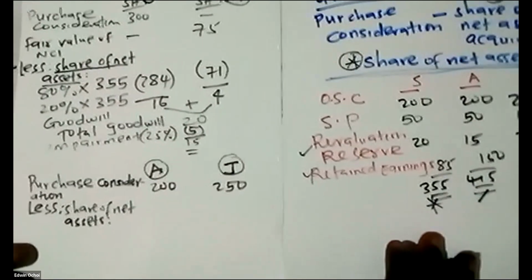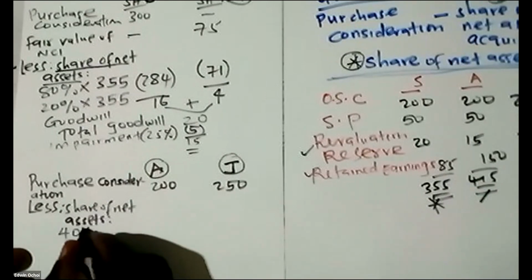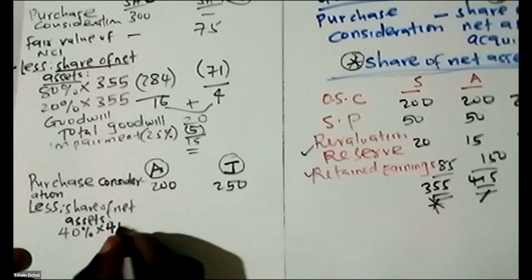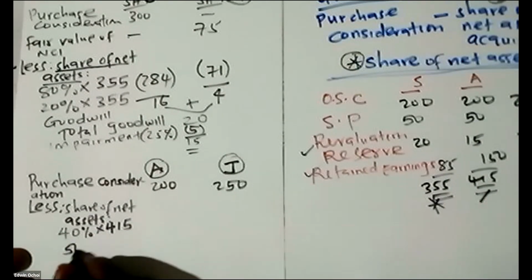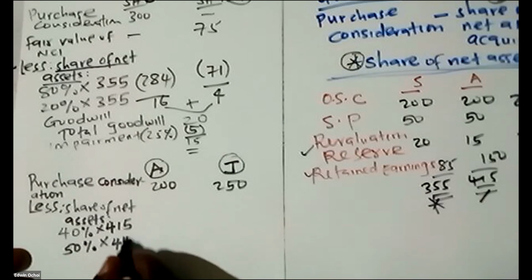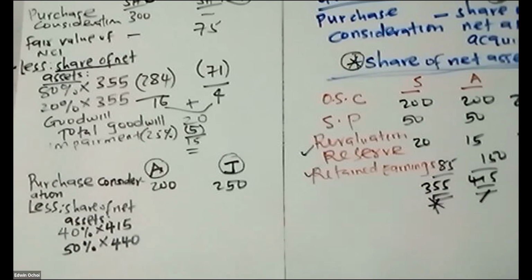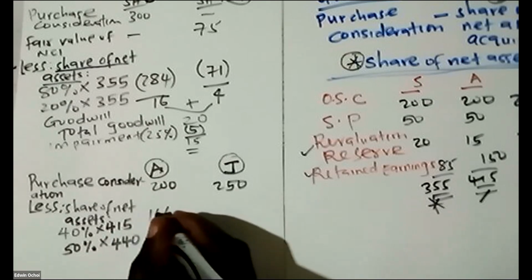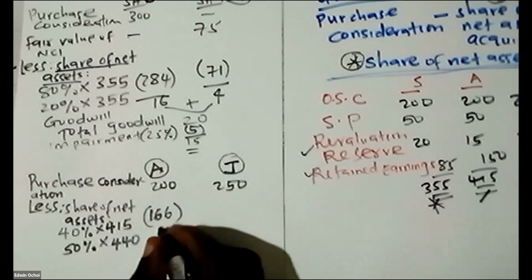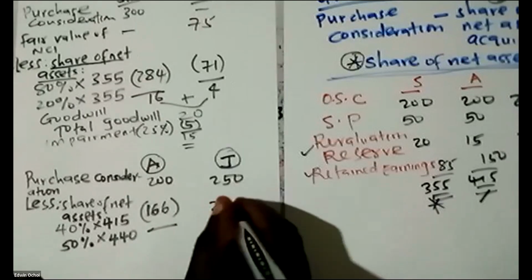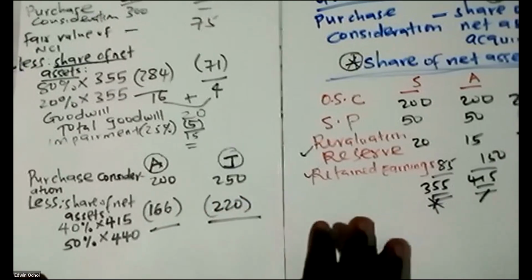A was acquired at 40%, so 40% of 415, then 50% of 440 for J. 40% of 415 is 166. 50% of 440 is 220.